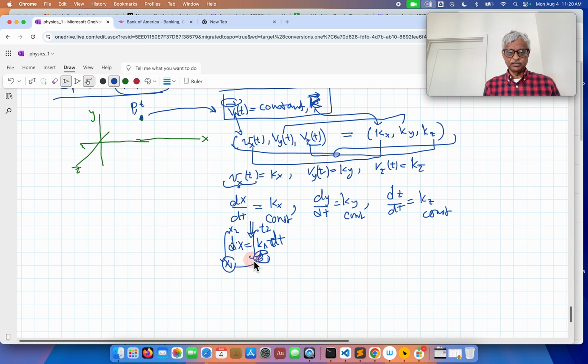These go together and these go together. So x2 minus x1 equals kx times (t2 minus t1).